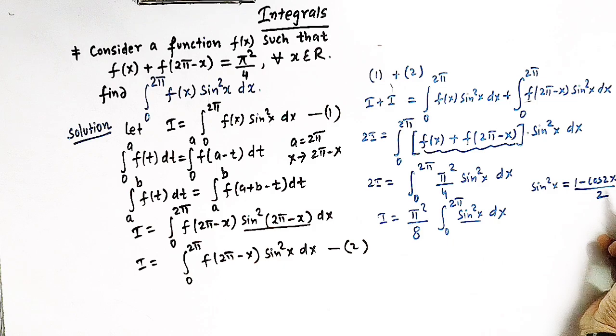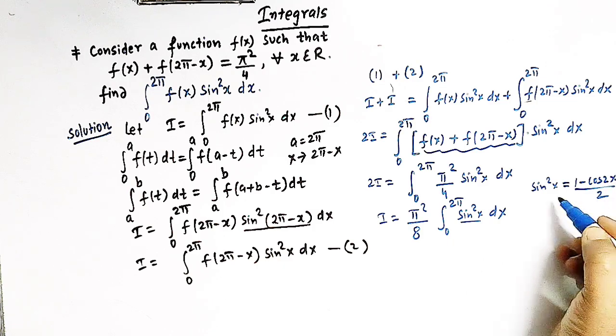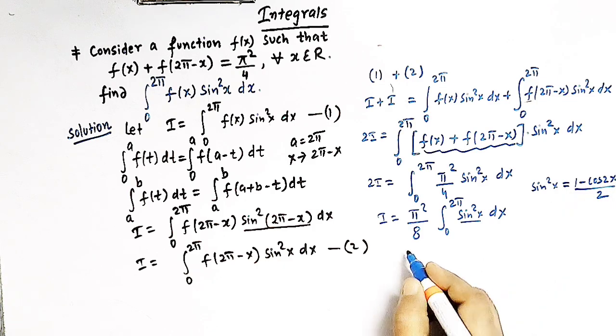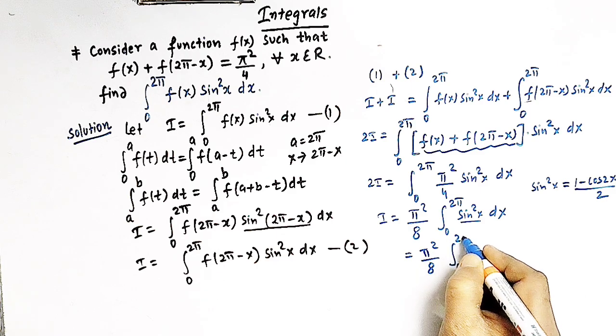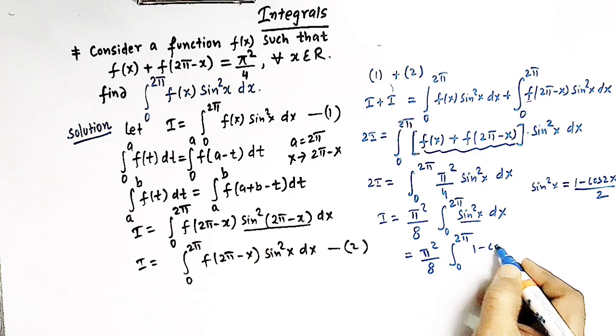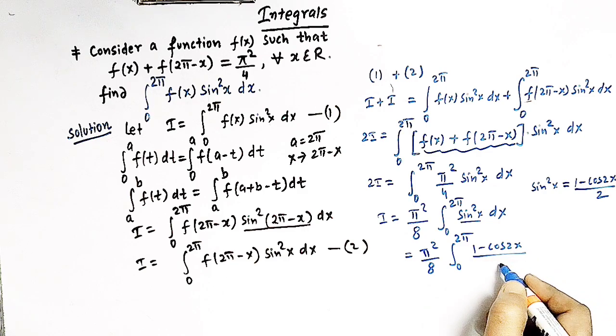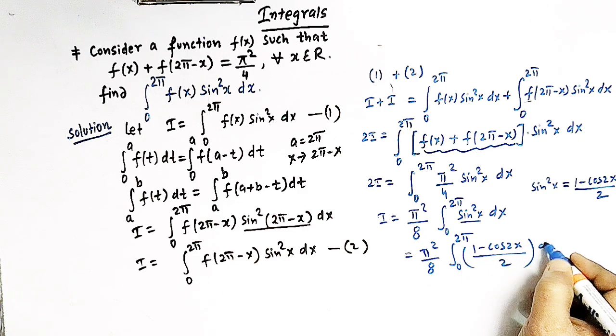From the double angle formula for the cosine function we have this result. So we have pi square over 8 times the integral from 0 to 2 pi of 1 minus cos 2x over 2 dx.